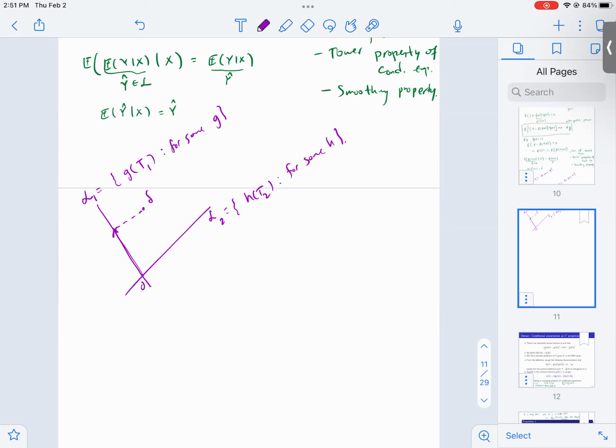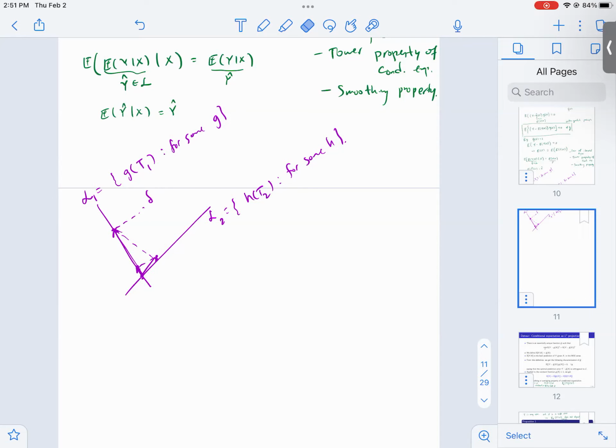Think about vector space. So that would be like eta 1. Then I project it back onto this, I get that, and I project it back onto this, I get this. So I'm going to alternate between these, and I'm going to converge. This is not going to be 0, but it's going to be something on both of them, so it will be on the intersection. It should converge to the projection.